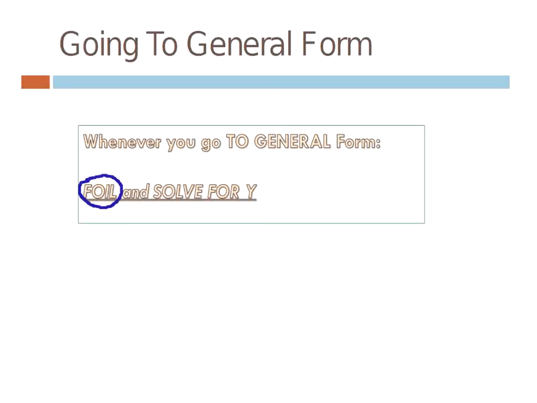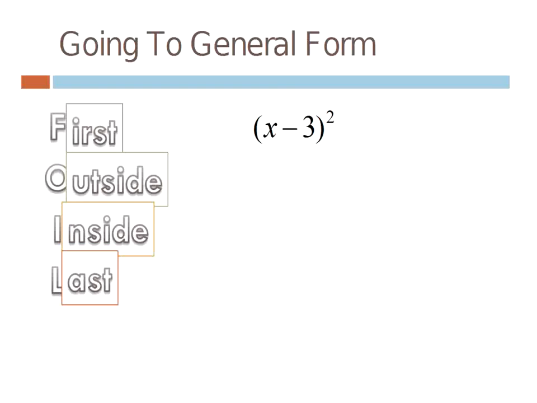Now really, FOIL is an acronym that's not really useful, but it makes for a great joke, as you'll see. Really what we're doing here is we have to expand the binomial. FOIL means first, outside, inside, last. What we have here is x minus 3 all squared.